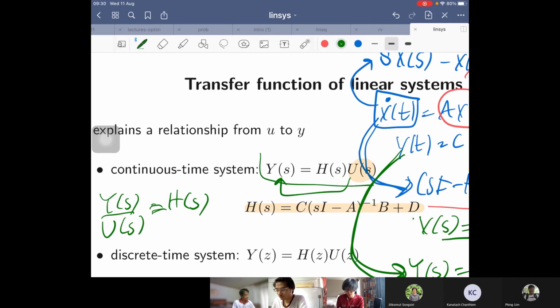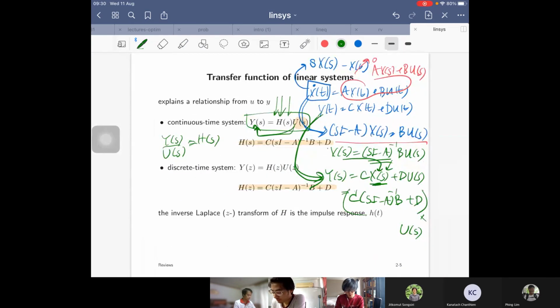But that doesn't hold anymore when you deal with MIMO. So we often use this notation instead: Y equals H U. H transfers the effect from U to Y. And for the discrete time system, we do the same, just apply the Z transform.